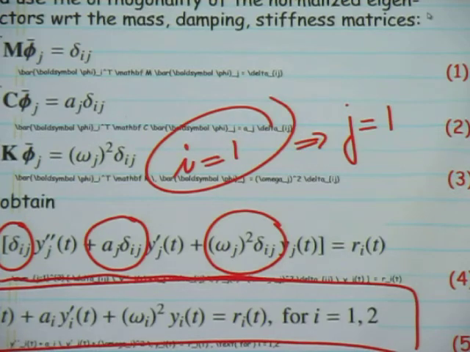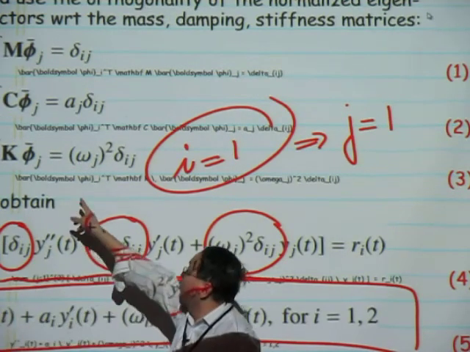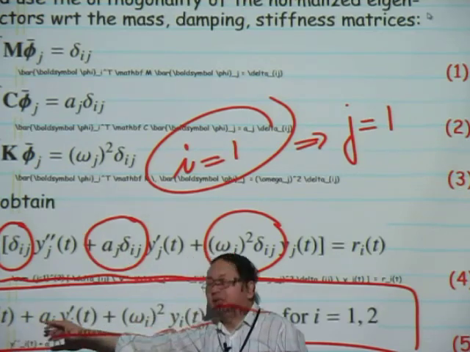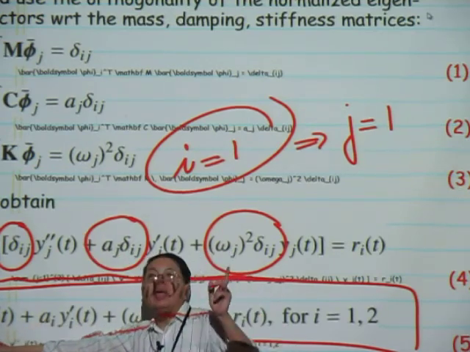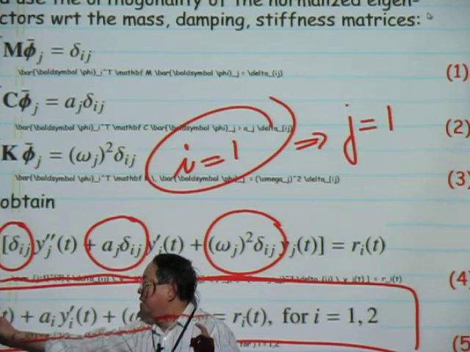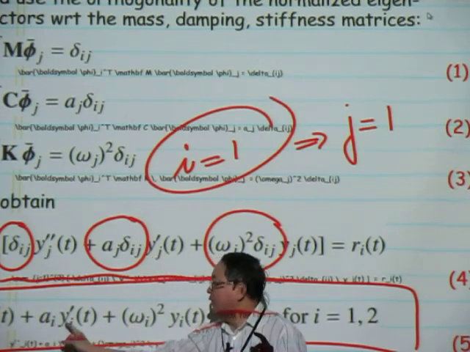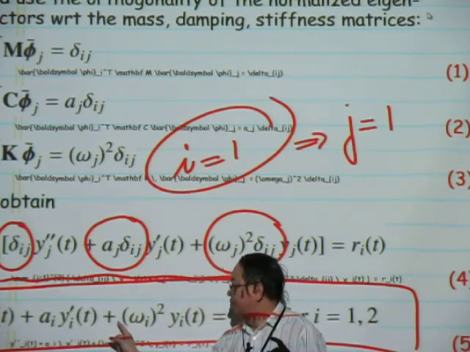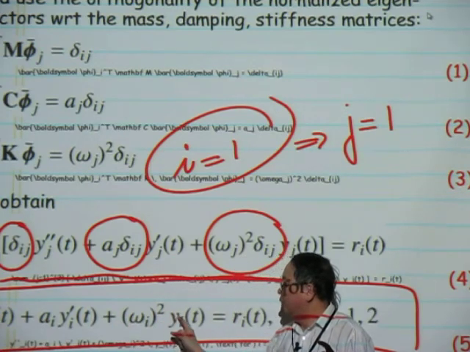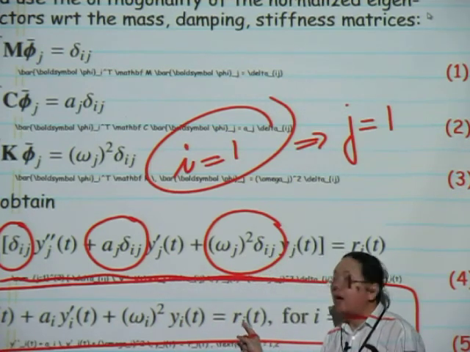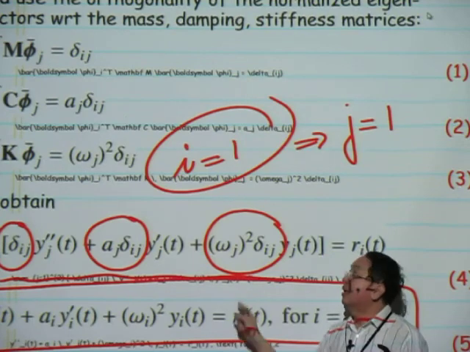Okay. So therefore, if you repeat the same argument with I equal to 2, then you get the second equation. With I equal to 1, you get the first equation. Keep in mind, think of I equal to 1. Then you have y1 double prime plus a1 y1 prime plus omega 1 square y1 equal to r1. Okay? That's when I equal to 1.